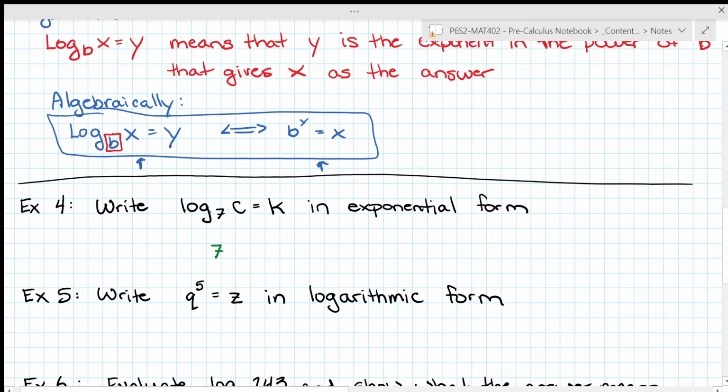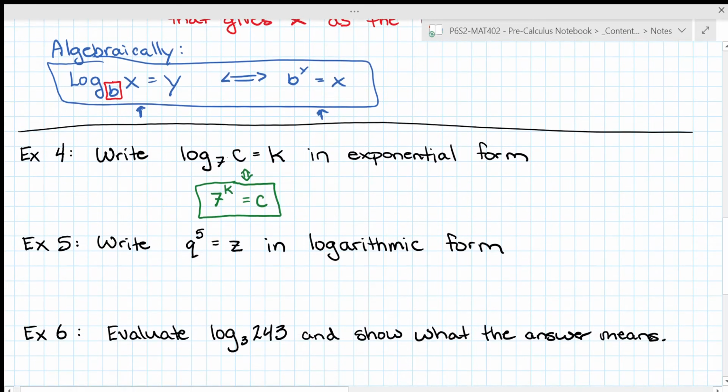The log is k, and logs are exponents, so I know k is my exponent. k is the exponent in the power of 7 that would give me c as an answer. These are interchangeable. This is the exponential form of that. I'm not solving any equation here, I'm just rewriting this. I'm stating an equivalent expression, an equivalent equation.